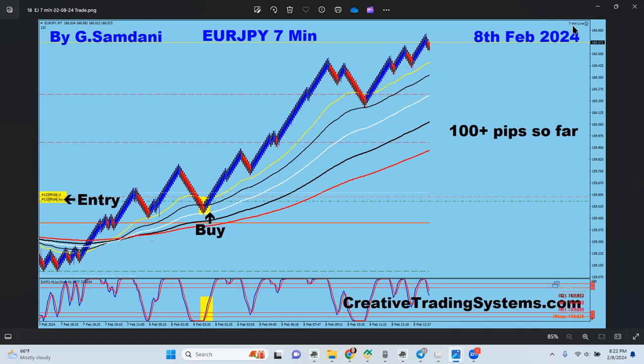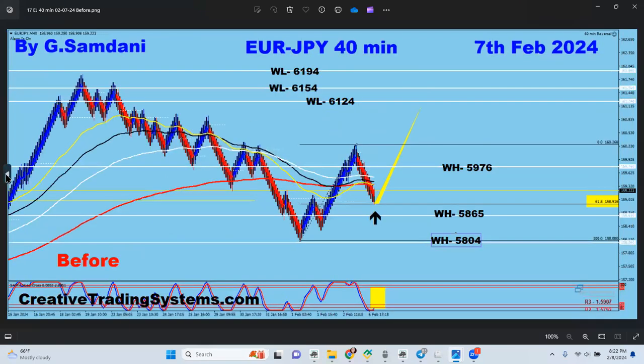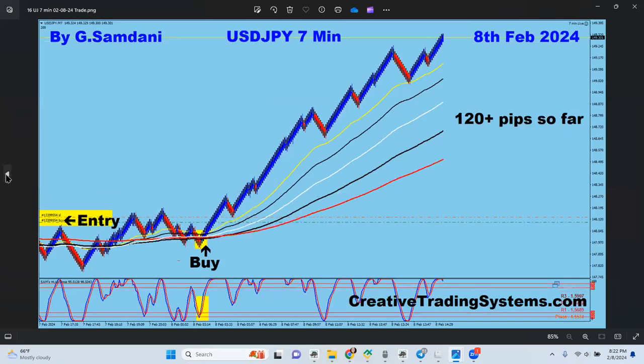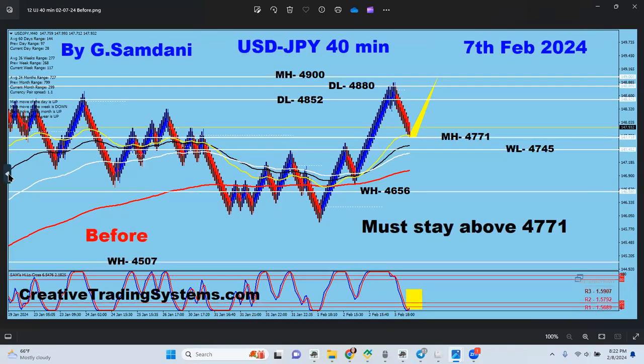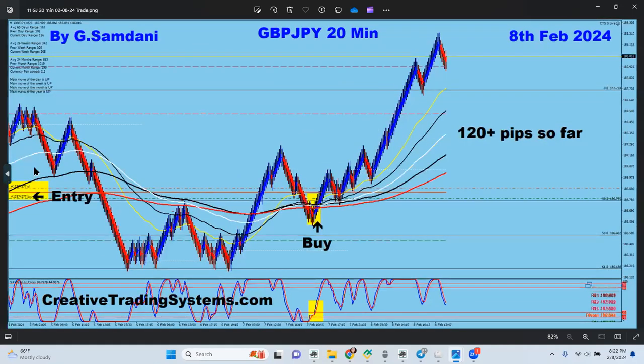Yeah, the EA is right there. And this is the setup. This one I opened manually, I guess, even though it's there, but it looks like I opened it manually. I don't know. But USD yen, 120 pips from the certain entry, and pound yen from the 20-minute chart, beautiful entry, and 120 pips right there. Buy orders right there. So it's just 1 day.